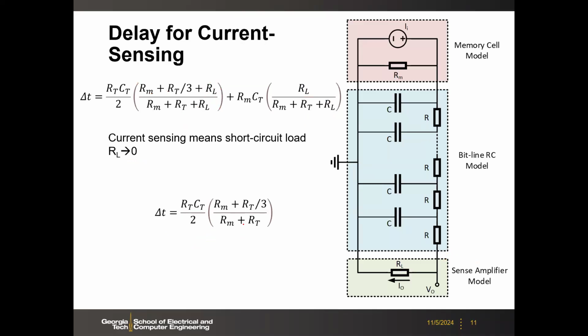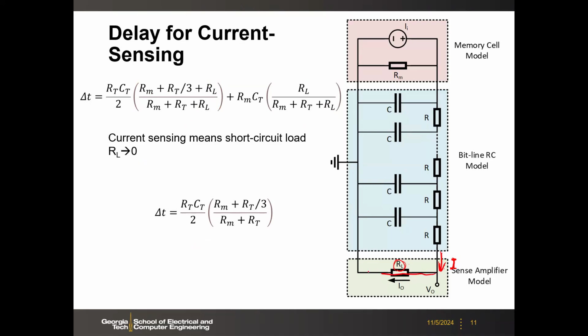So then let's look at current sensing. Current sensing, on the other hand, means you are going to measure the current here. An ideal current meter will have 0 node resistance, because you don't want any resistance of your instrument to affect the current.